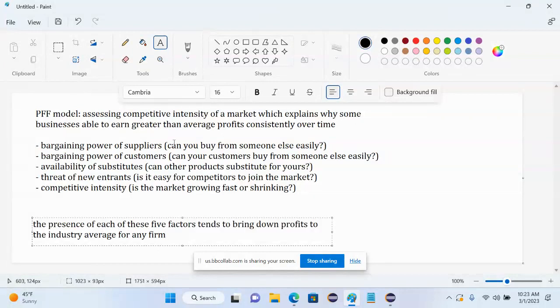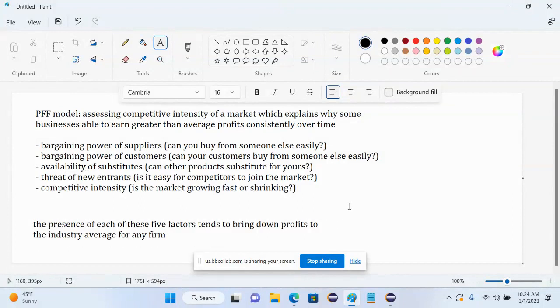Okay? If suppliers have a lot of options, customers have a lot of options, if there are substitute products available, if new entrants can easily join the markets, or if the market has more competitive intensity, it's kind of at equilibrium at that point. All that's going to mean profits are not going to be higher than average. All right.